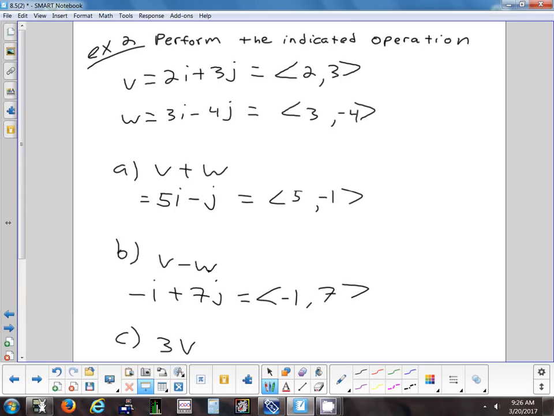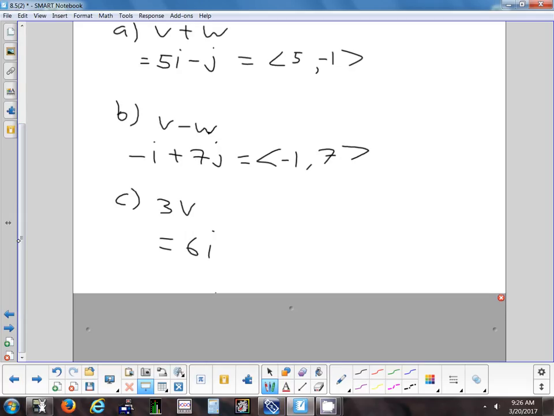Not i, because it's vertical. j. Right. So 6i plus 9j. And both of them stay positive because we didn't multiply by a negative. And Fred, could you give that to me in the other format? 6, 9. Yeah, that's it, 6, 9.